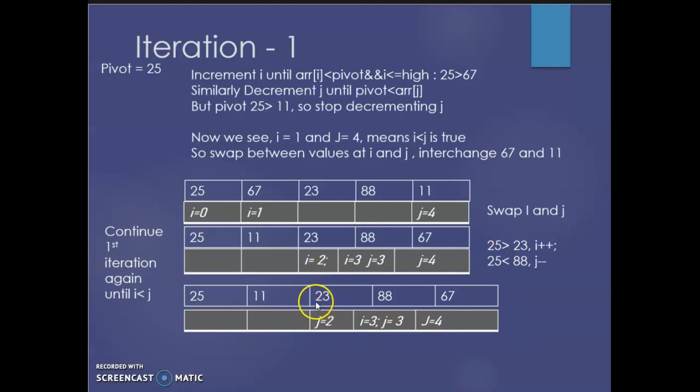Here when we check, 23 is not greater than 25. So I can't move my j value any further. Alright, I is here, I equal to 3, and we have got our j value. Now what was the condition? We had seen two conditions. If I is less than j, we performed a swap between I and j in my partition algorithm.